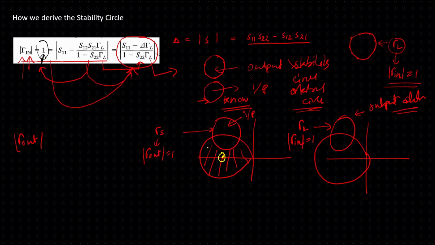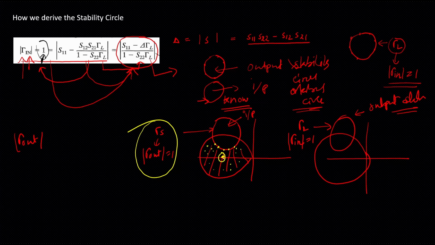Because here any point could be our gamma S, and if we take any point in my circle, then that gamma S will result in a gamma out equal to 1.